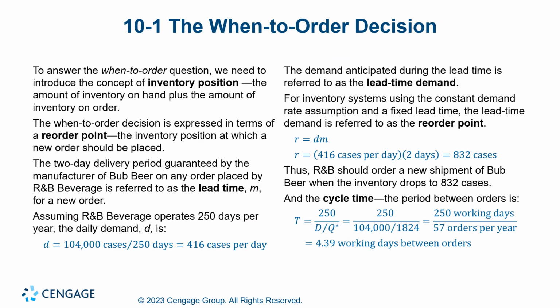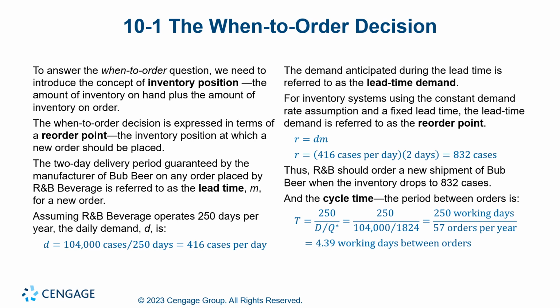Now we have already answered the question of how much to order, and the answer is 1,824 cases. So we go to the next question, which is when to order. To answer this, we need to introduce the concept of inventory position. The inventory position is defined as the amount of inventory on hand plus the amount of inventory on order.